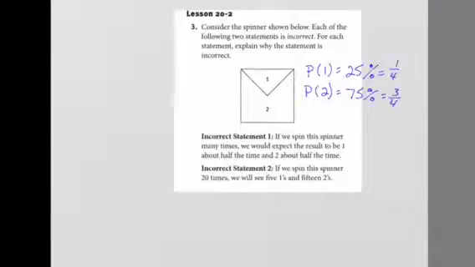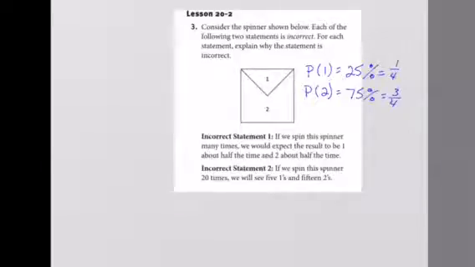Let's look at statement 2. If we spin this spinner 20 times, we will see 5 1s and 15 2s. So statement 2 is basically saying, if we spin this spinner 20 times, we will see 5 1s and 15 2s.